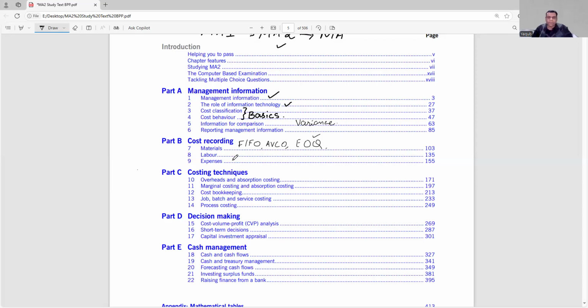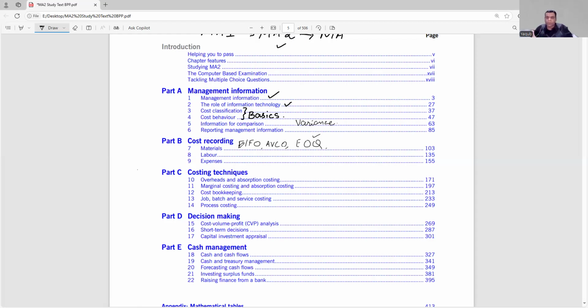Then this chapter is expenses. Expenses focuses on which of the expenses are fixed overheads and which are indirect costs. It will discuss depreciation: straight line depreciation, reducing balance depreciation, and hourly rate depreciation. Then it also discusses in which of the methods, either straight line or reducing balance, we have higher depreciation in the early years.